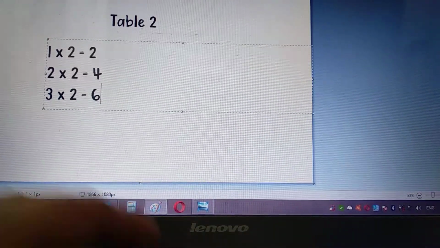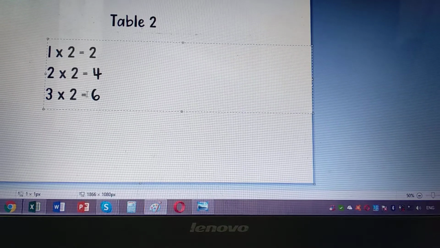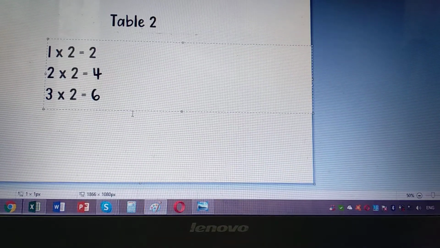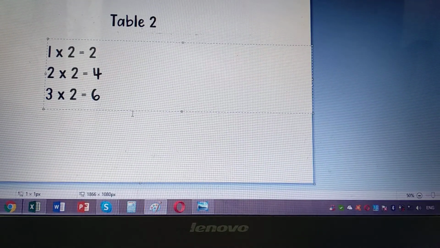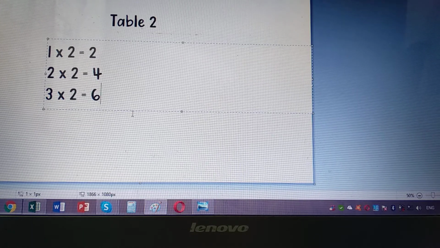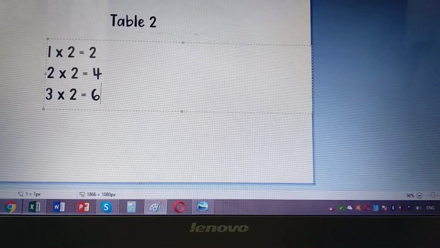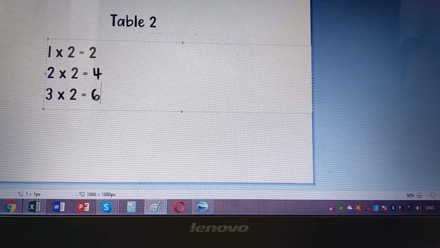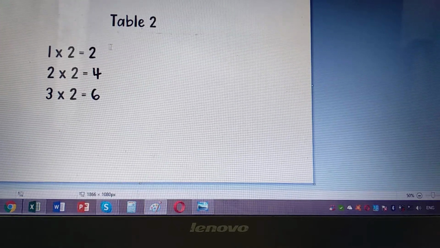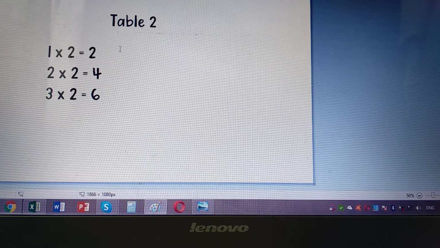And the list goes on and on. So we know table 2 is 2, 4, 6, 8, 10, 12, 14, 16, 18, 20, 22, and 24.